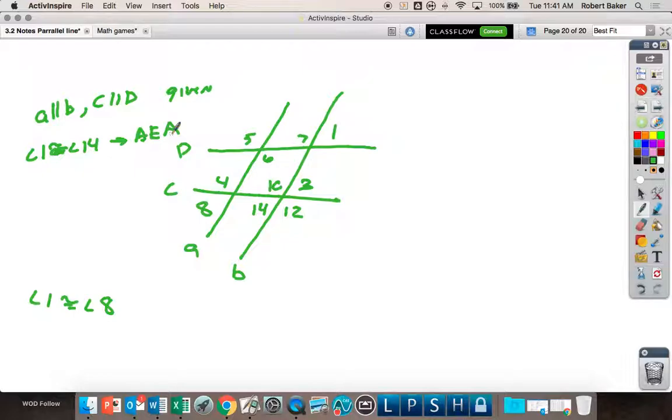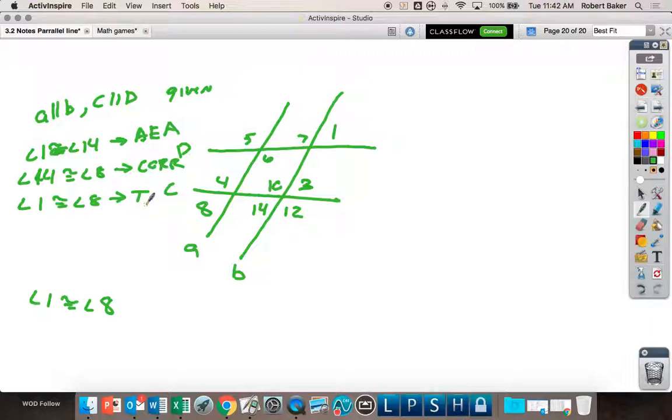And angle 14 is congruent to angle 8. Why? And then you should be able to get here. The transitive property. Does that seem a little easier?